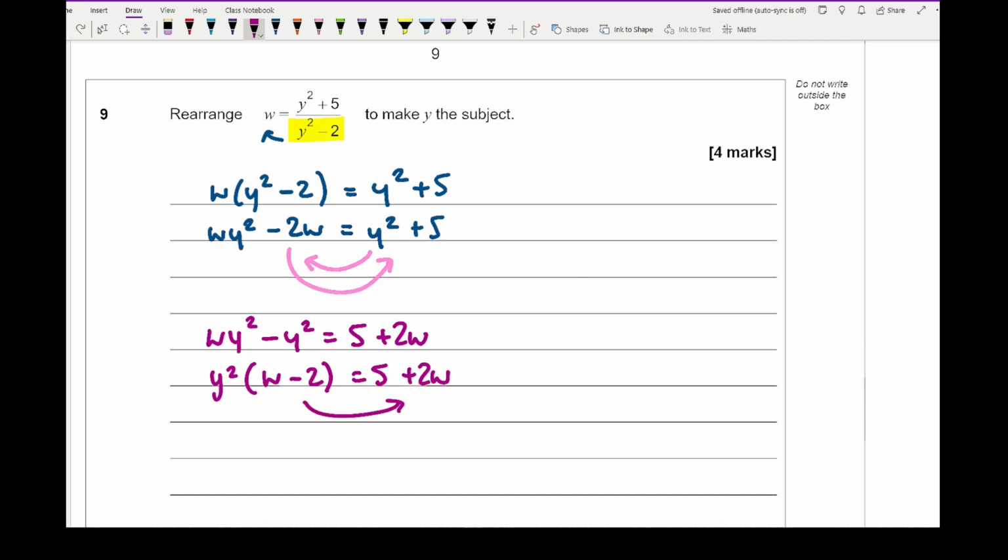Take this bracket over to the other side, so y squared equals 5 plus 2w divided by w minus 1, and then I can square root it, so y equals the square root of 5 plus 2w over w minus 1. And there is my formula for that one.